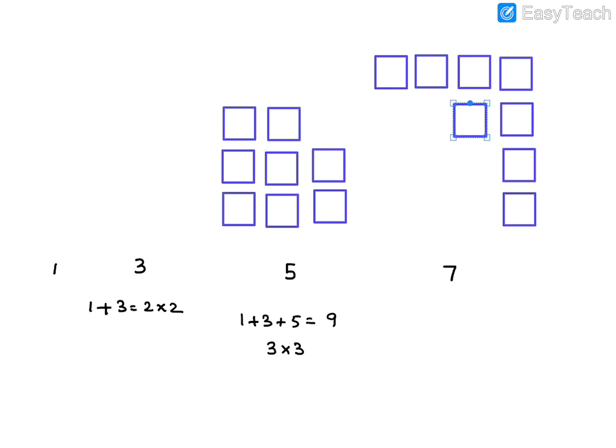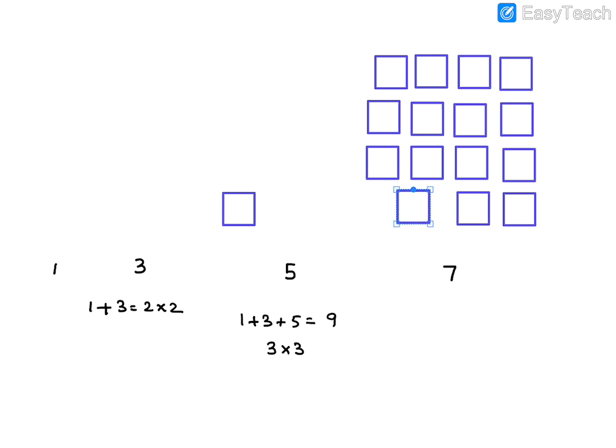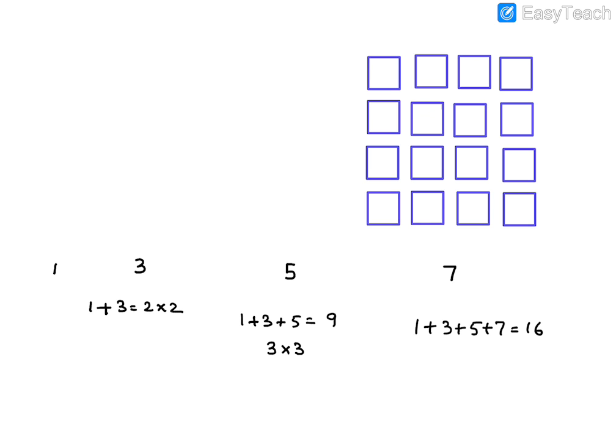So if I were to combine all the objects and arrange them into a pattern, I find that I can arrange them into a 4 by 4 square, which is like 16 objects, or rather 1 plus 3 plus 5 plus 7 is equal to 16, or 4 by 4.